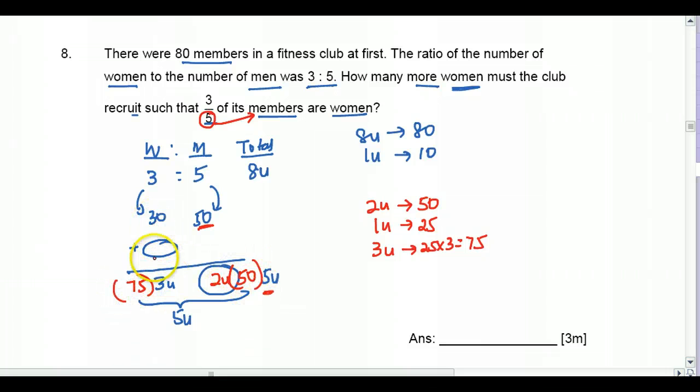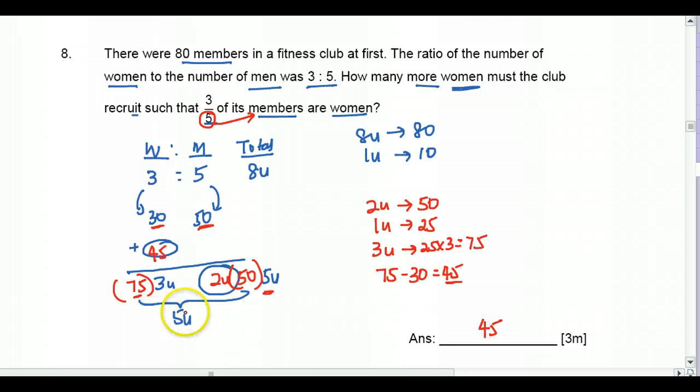Right? So 75, how many more did he have to add? At first he has 30. He needs to add some more. He needs to add 45 women. 30 plus 45 will give me 75 women. And how many more women must he add? He needs to add 45 more women.